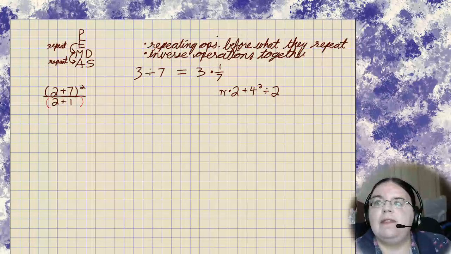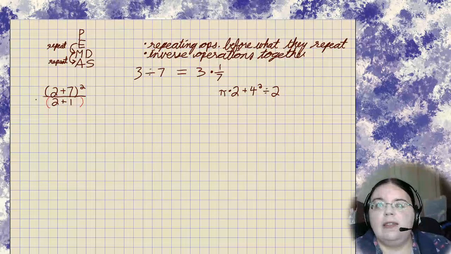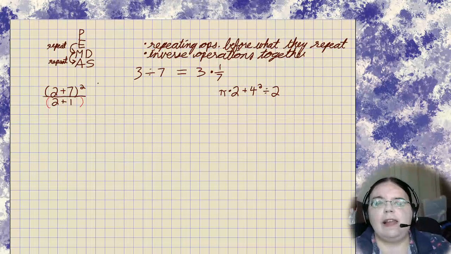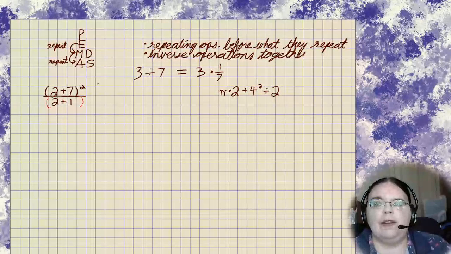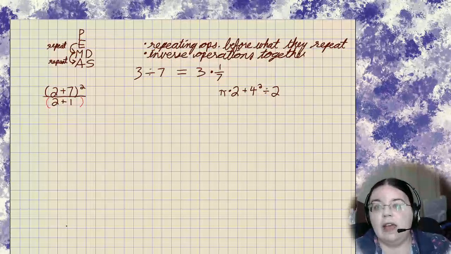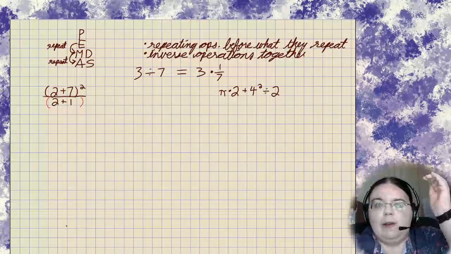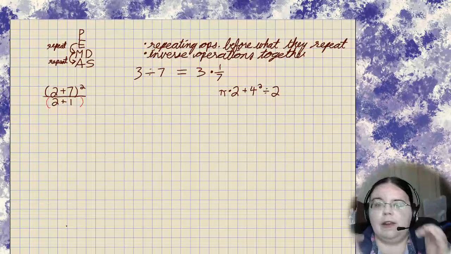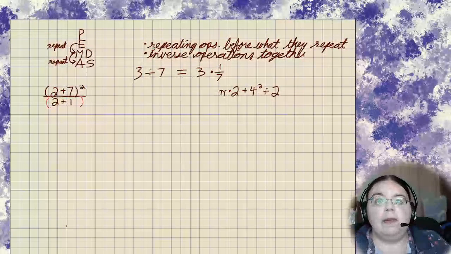Sometimes there are grouping symbols other than parentheses, and the fraction bar acts like grouping symbols around both the numerator and the denominator. When you're putting something into a calculator, by the way, you will never mess yourself up by putting parentheses around the numerator and around the denominator. Sometimes it won't be necessary, but it'll never hurt.